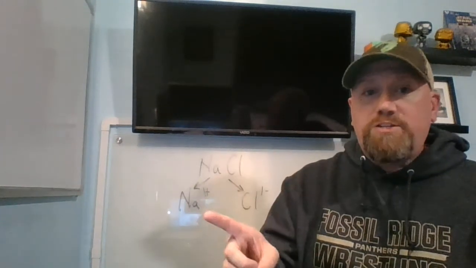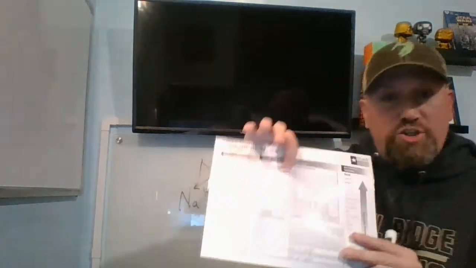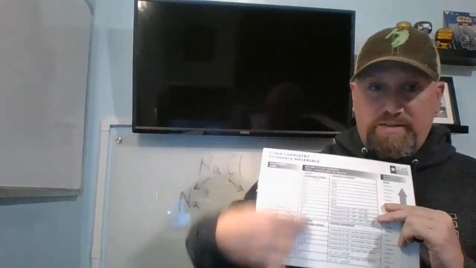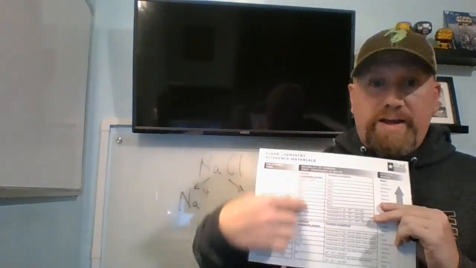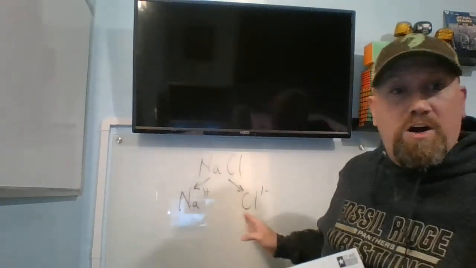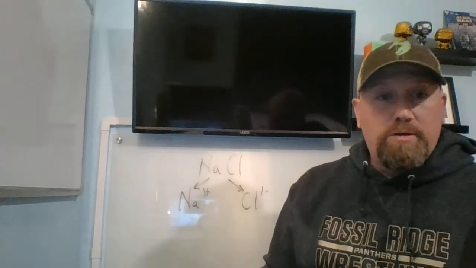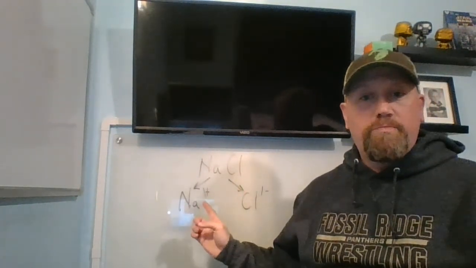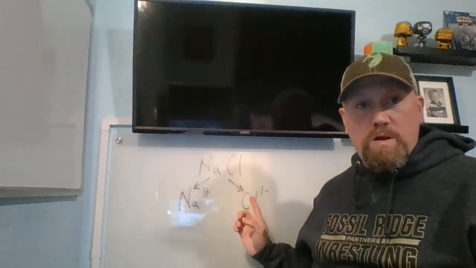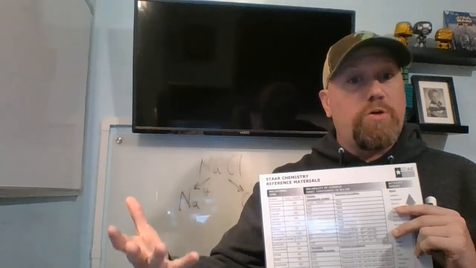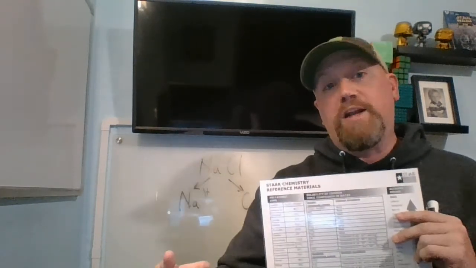In fact, when we look at this chart, this column here on this side is where we're going to look for any of the ions that are in our compound. In this example, we have sodium and we have chlorine. So we're looking for either sodium ions or chlorine ions.